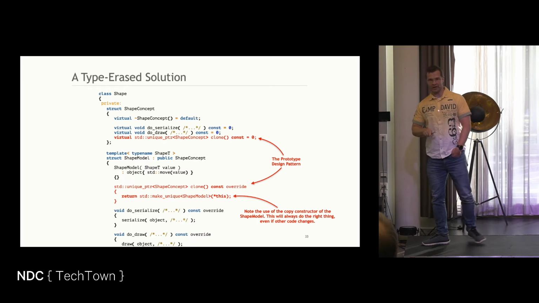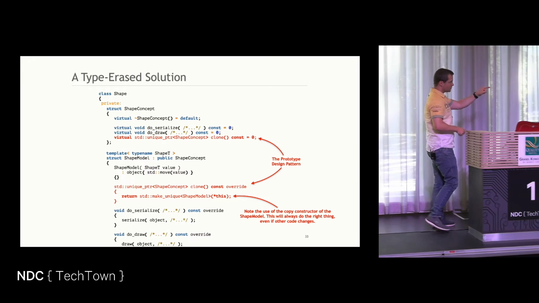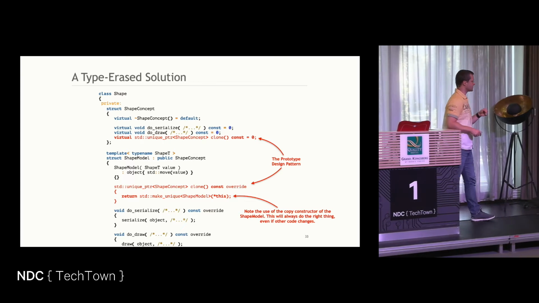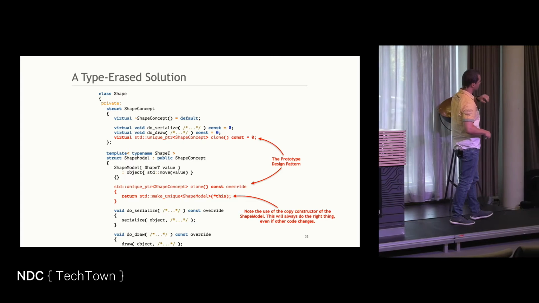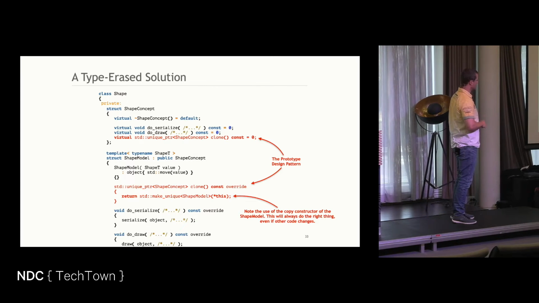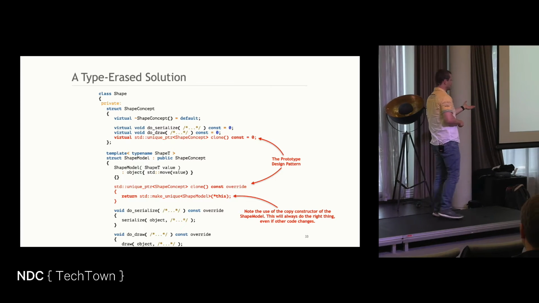This will always be correct. Regardless of however this evolves, how the code changes, using the copy constructor will always do the right thing. Of course, given that the copy constructor is correct. But it's generated by the compiler. This is great. So this is actually the easiest and, again, most correct thing that it can do. So now, because of this clone function, we're actually able to get a copy. This is virtual copying indeed.